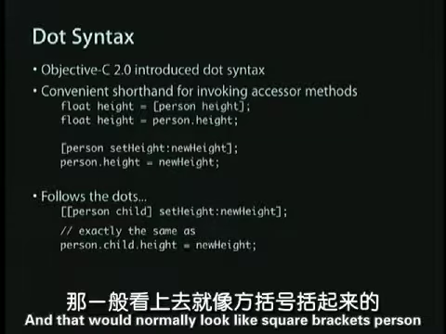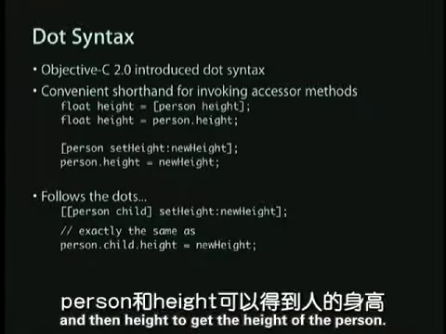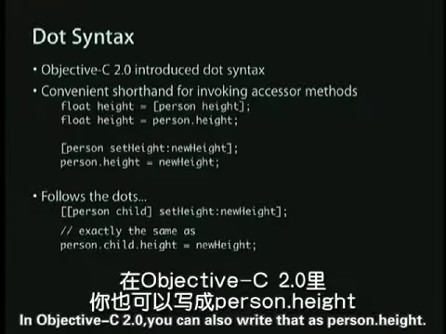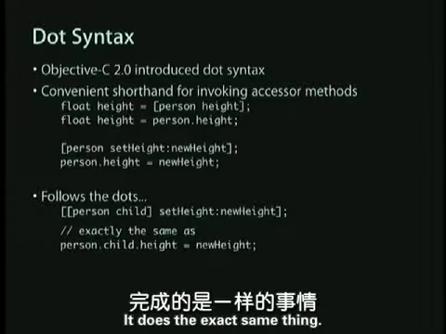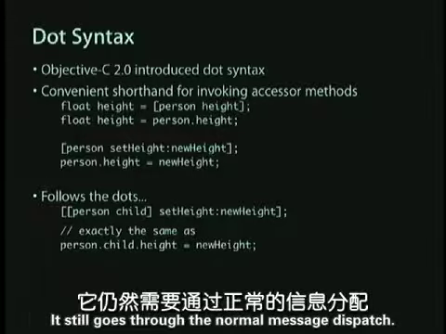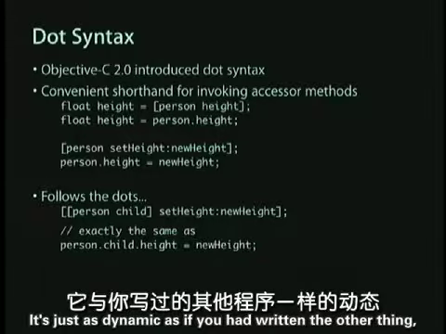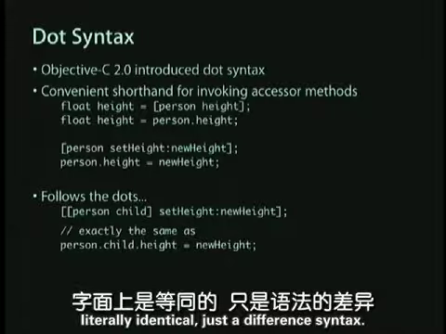That would normally look like square brackets, person, and then height to get the height of the person. In Objective-C 2.0, you can also write that as person.height. It is actually identical. It still goes through the normal message dispatch. It's just as dynamic as if you had written the other thing. Literally identical, just different syntax.